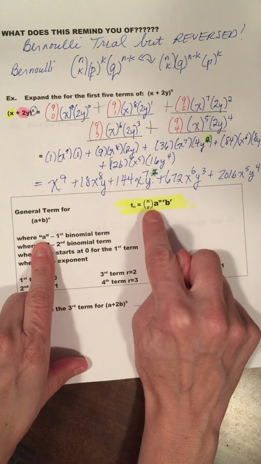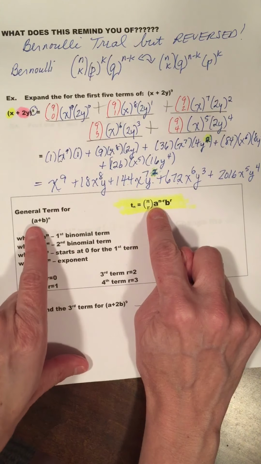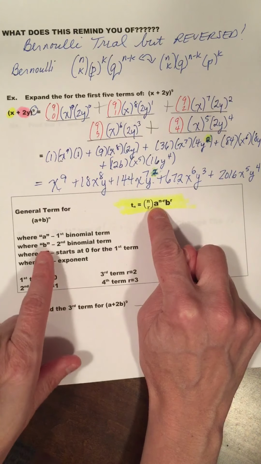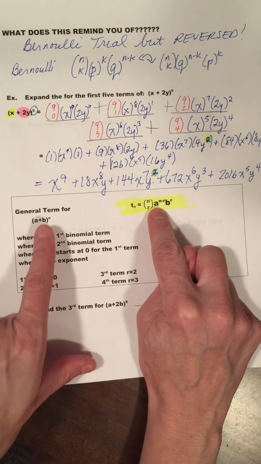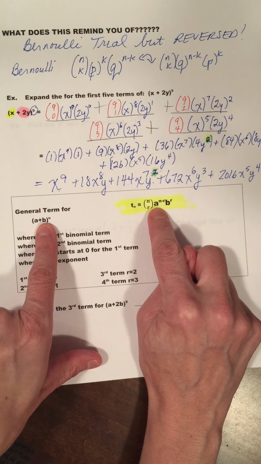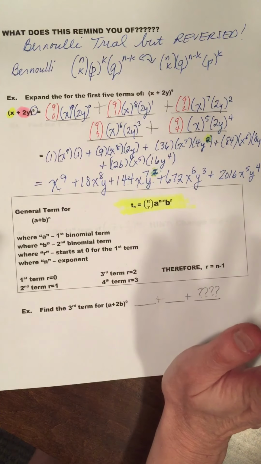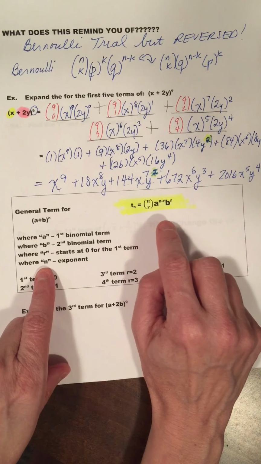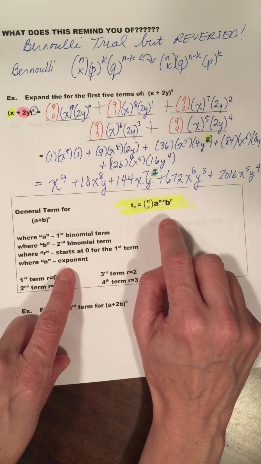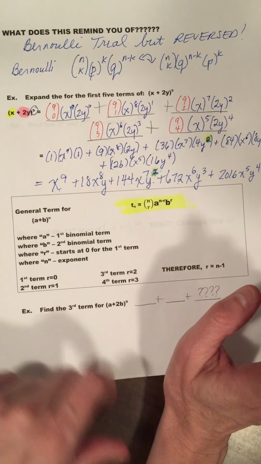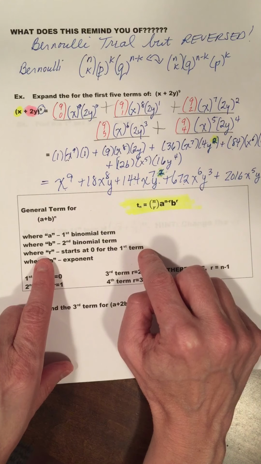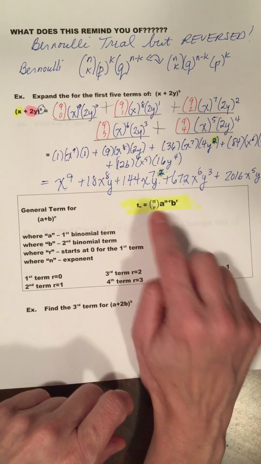The A represents the first term in the binomial. The B represents the second term in the binomial. The N represents the exponent. The R starts at 0 for the first term.